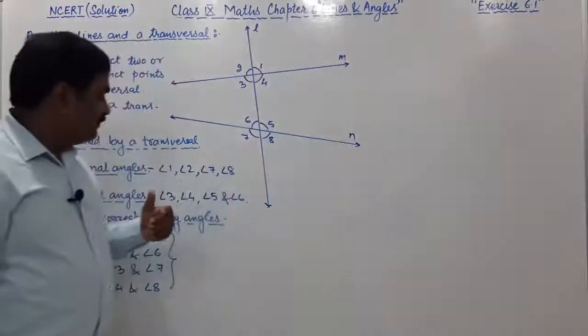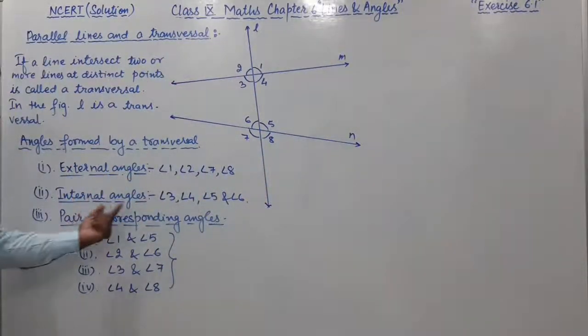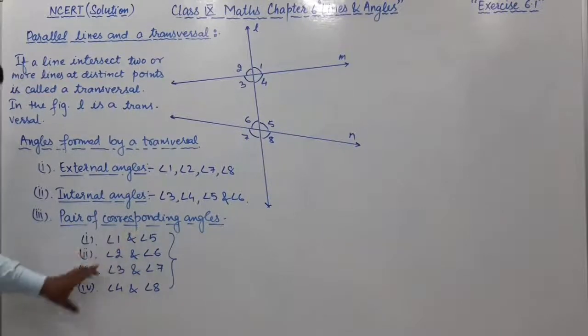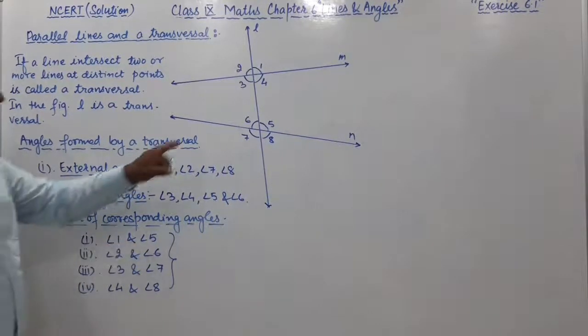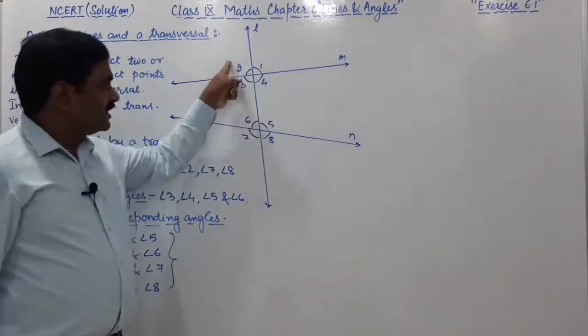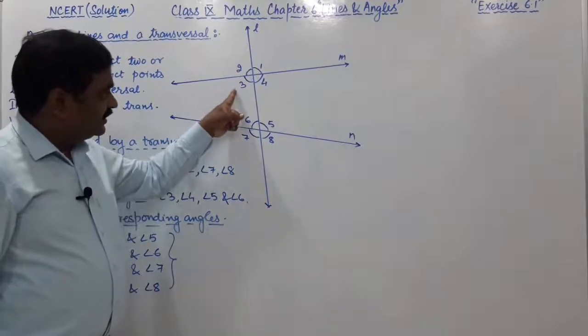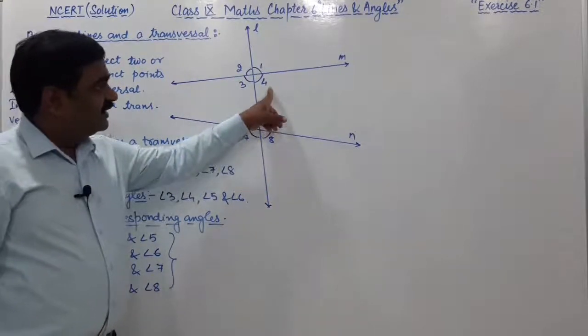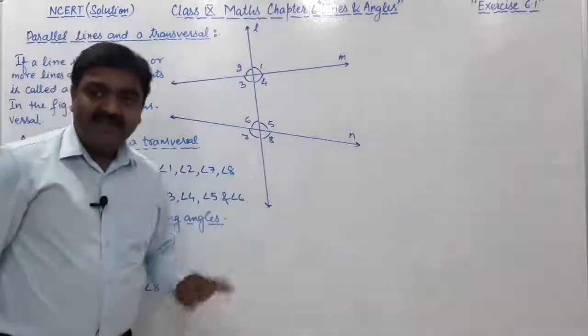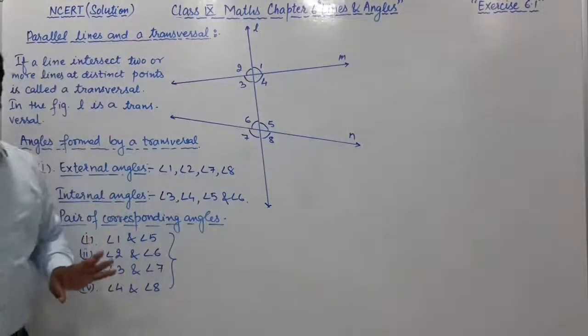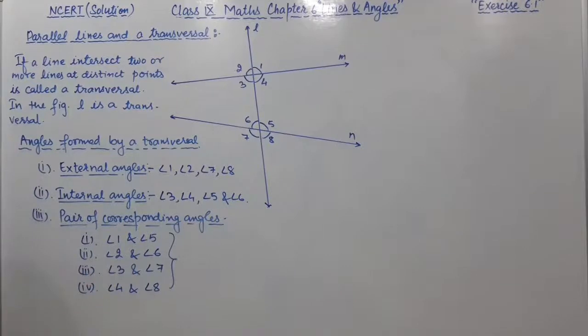Understood? So now we got external angles, internal angles, and pairs of corresponding angles. Angle 1 corresponds to angle 5, angle 2 to angle 6, angle 3 to angle 7, angle 4 to angle 8. So there are four pairs of corresponding angles we have read, right?